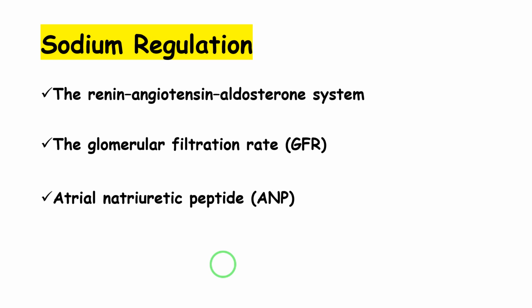The other mechanism is the atrial natriuretic peptide, which is secreted from the cardiocytes in the right atrium of the heart, and it increases the glomerular filtration rate, and by doing that, it will increase the sodium excretion by the kidney.